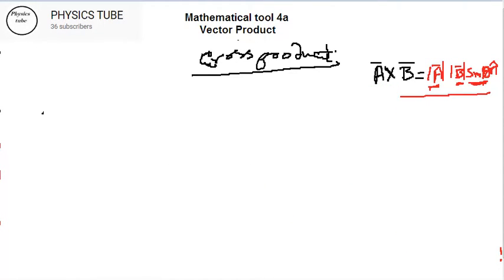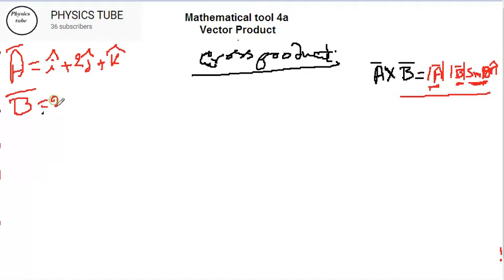Suppose they give you an example like A is equal to I plus 2j plus K, and B is equal to 2I plus J. Now you are to find the cross product of A and B. We have a method, please see the method very carefully.